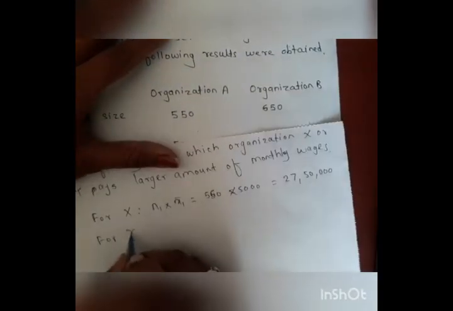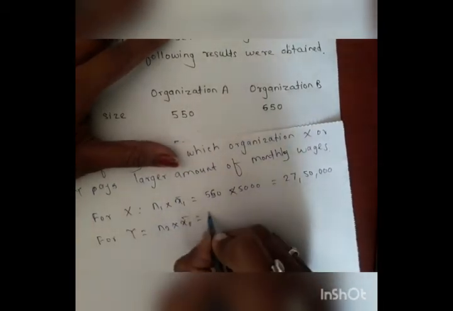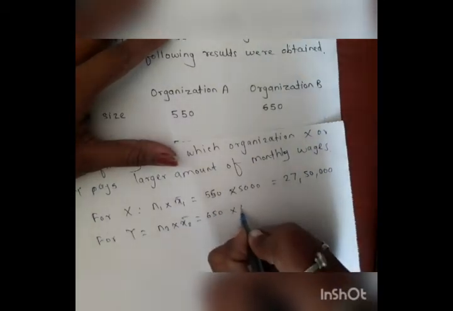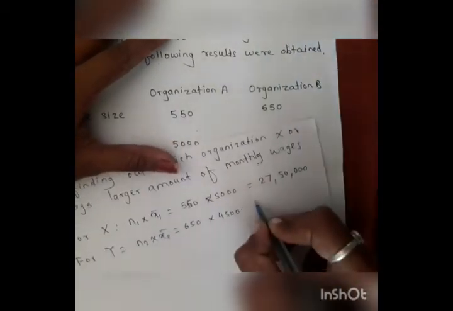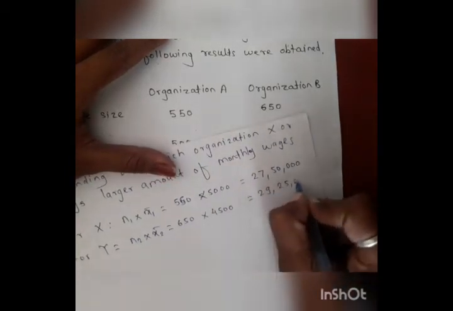For Y, n2 into x2 bar is equal to 650 into 4500, which is equal to 29,25,000.